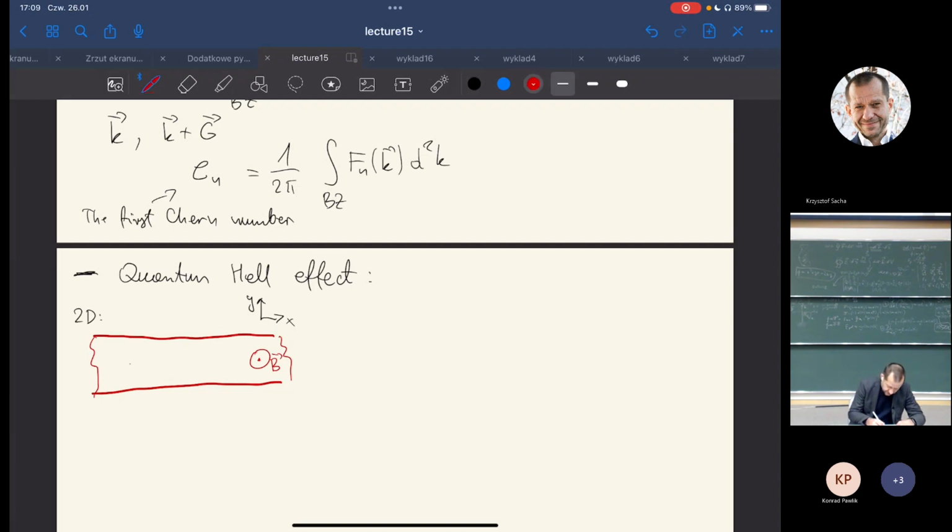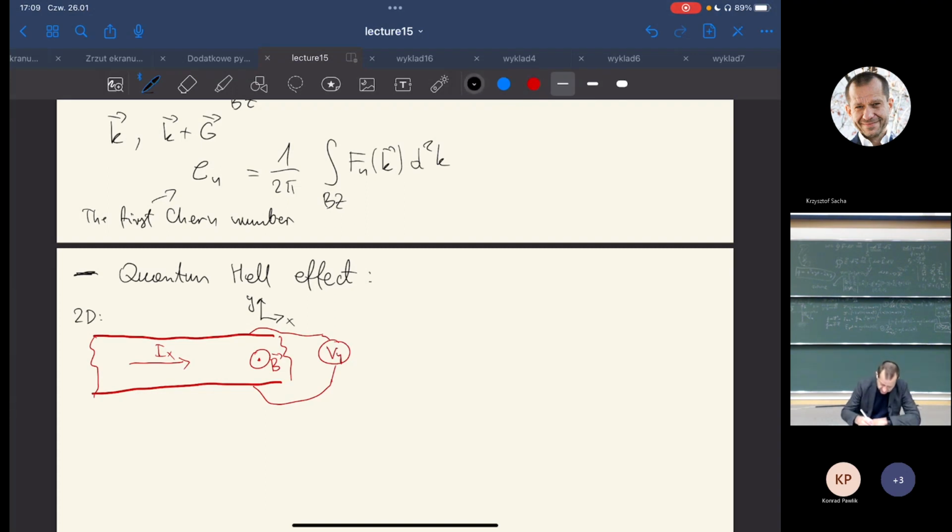We apply a certain current along x, and we measure the voltage along y.